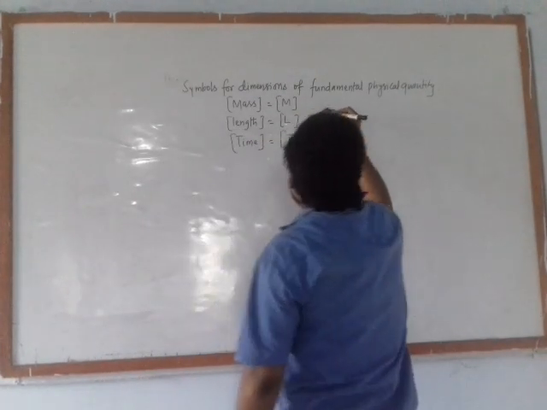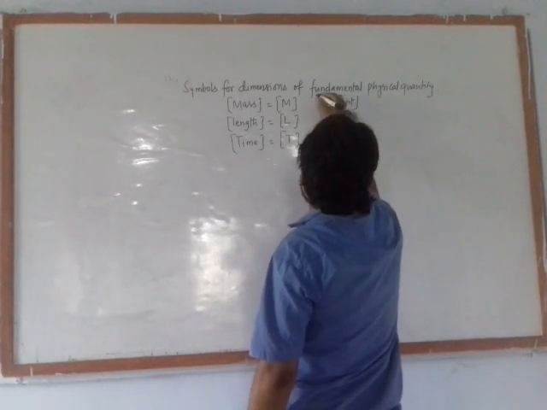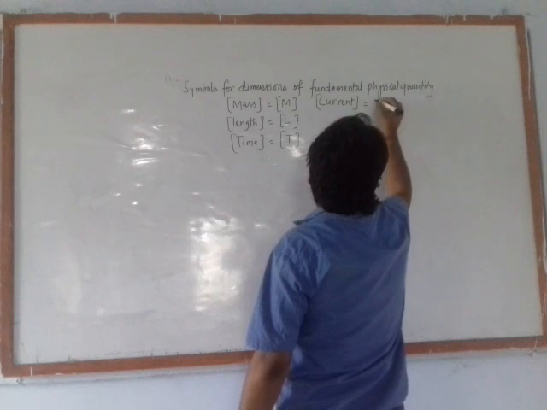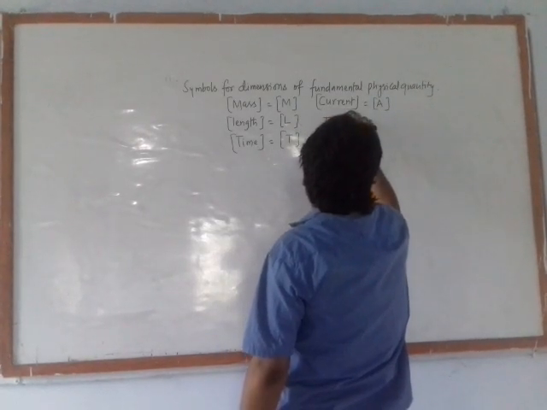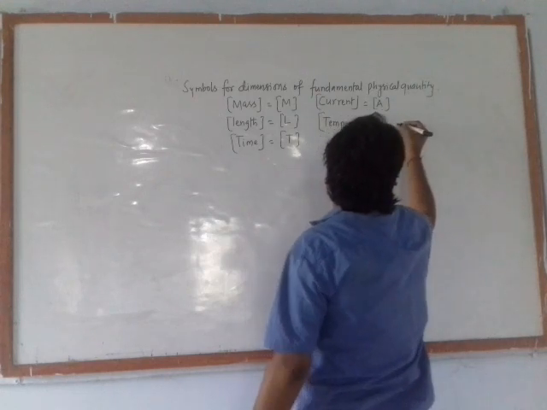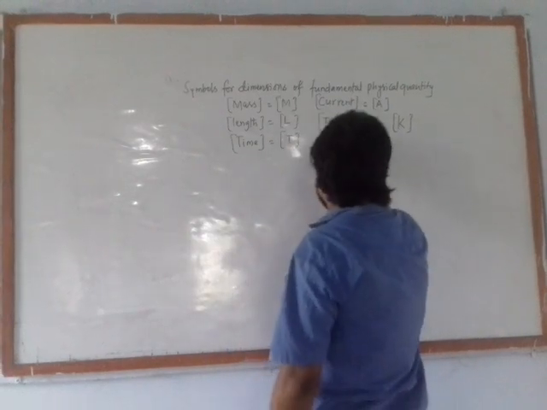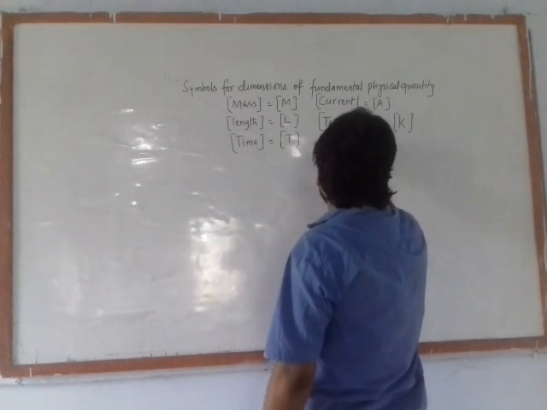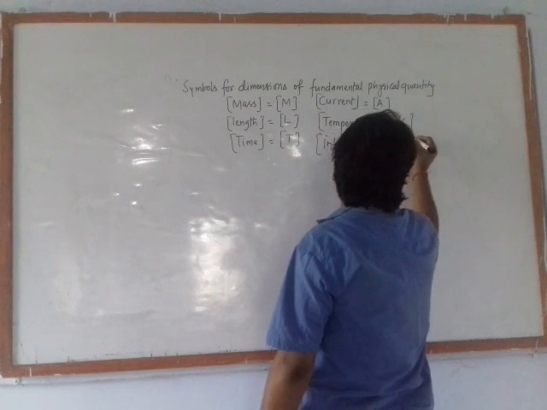Then current, we are representing with A. A is ampere. Temperature. Here we use SI, that is Kelvin. So K. Okay. Then intensity. Here also we use CV.